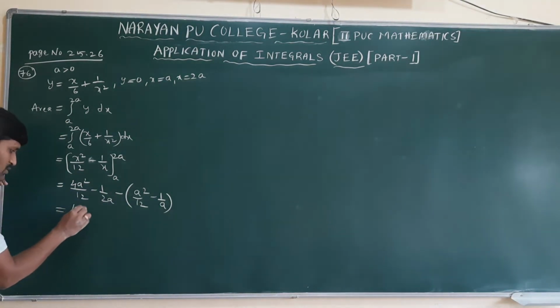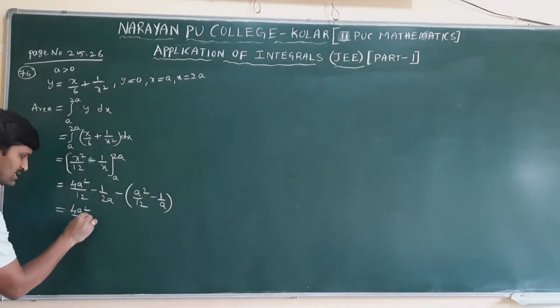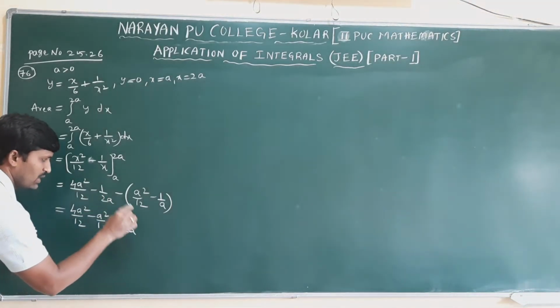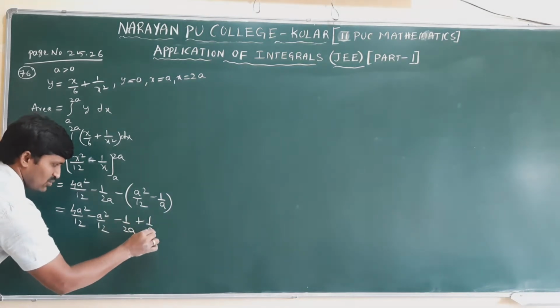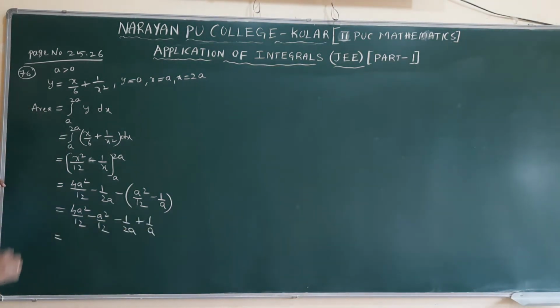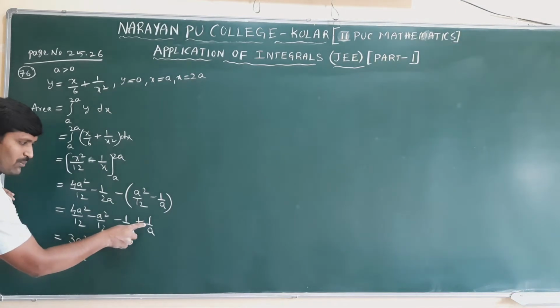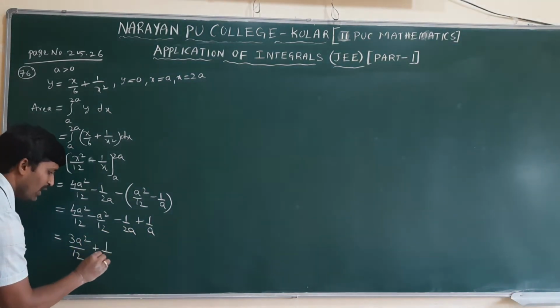Now 4a square by 12 minus a square by 12, minus 1 by 2a, minus into minus plus 1 by a. For the first two terms the denominator is the same: 4a square minus a square, that is 3a square by 12. Minus 1 by 2a plus 1 by a, you will get 1 by 2a.